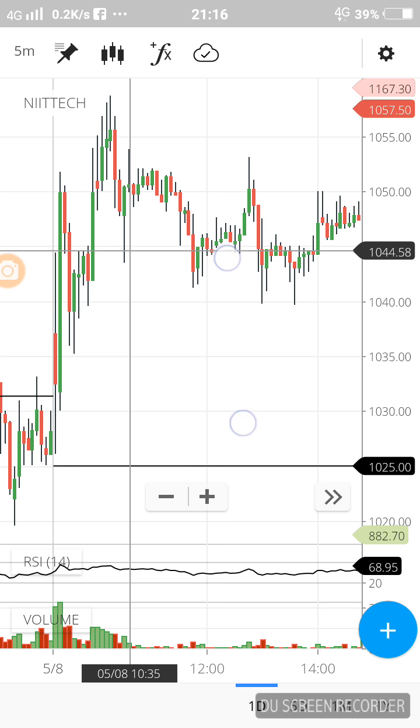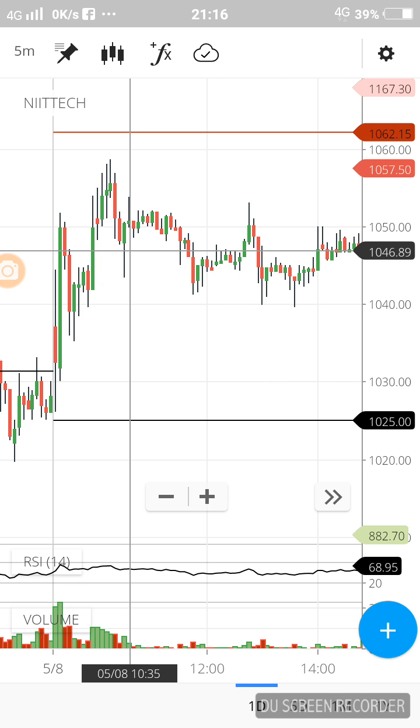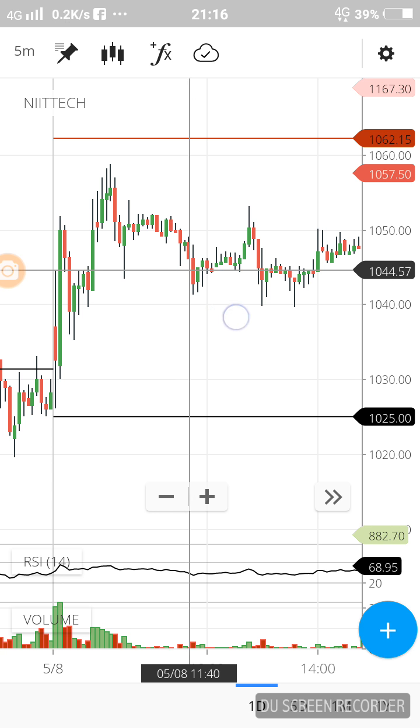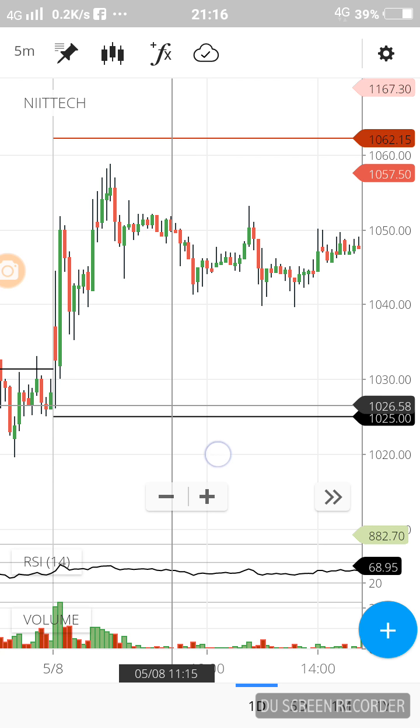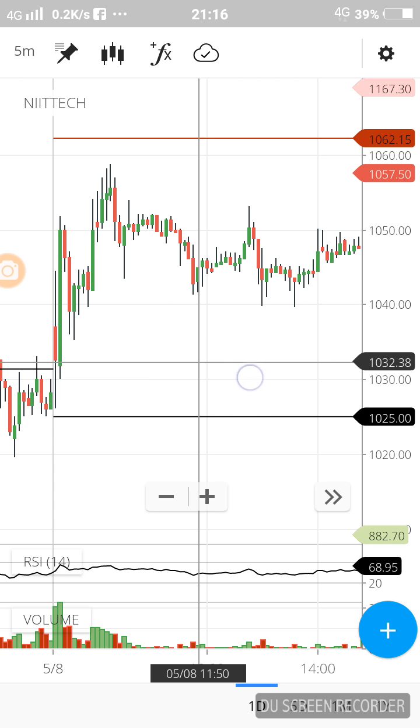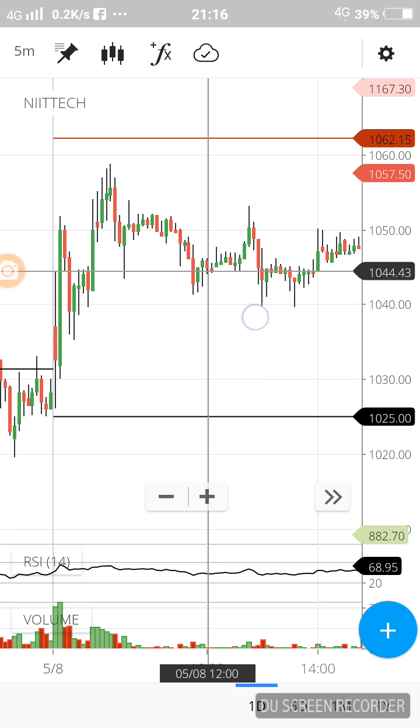Further, let's see what you are going to do. Here you can see 1044. You place an order just above 1044 with a 15 rupees target and 15 rupees stop loss, right? The low is 1026 and the high is 1044, right?